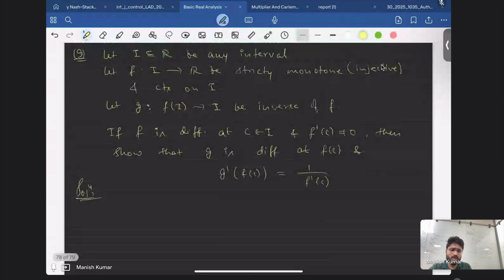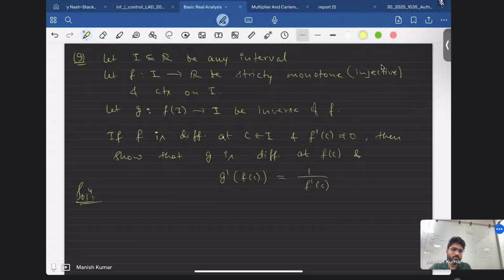I'm just saying that why I wrote this injective is because I want to say that this g, I mean the inverse function, exists. Okay, sir. So strictly monotone will imply injective, and I'm taking the codomain to be the image of f, so the function will be bijective, and hence the inverse g will exist.